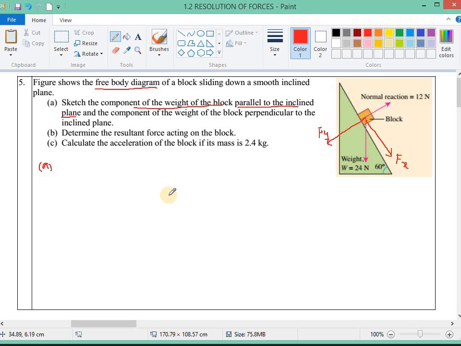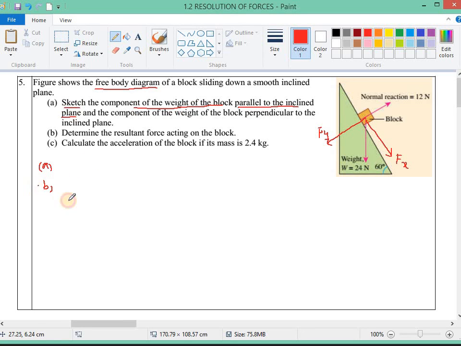Okay, A is done. Fx, Fy, that is what they want us to sketch, the components of weight, one parallel to the inclined plane and another perpendicular to it. They just ask us to sketch, so no need to do calculation yet.